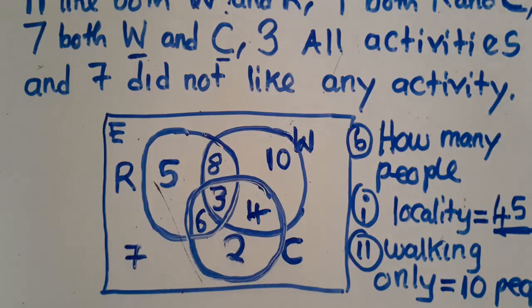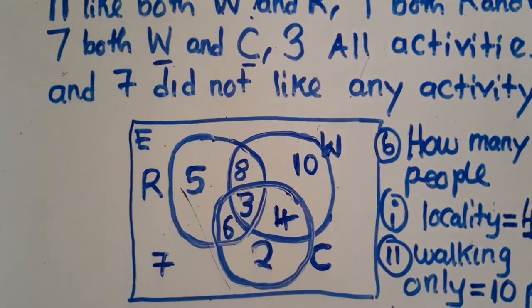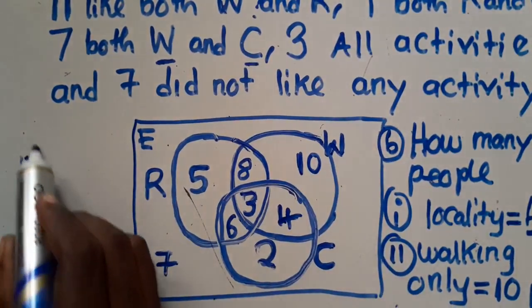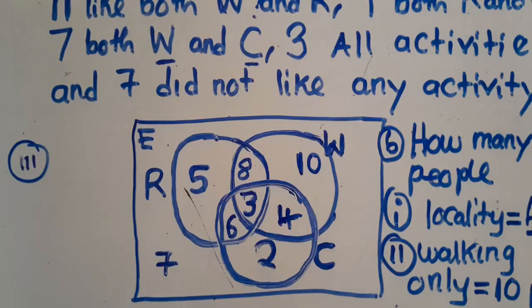The third question: how many people like 2 different activities only? The people that like 2 different activities only, how many are they? So this is the third question that you are given. 2 different activities only. 8 plus 4 plus 6.